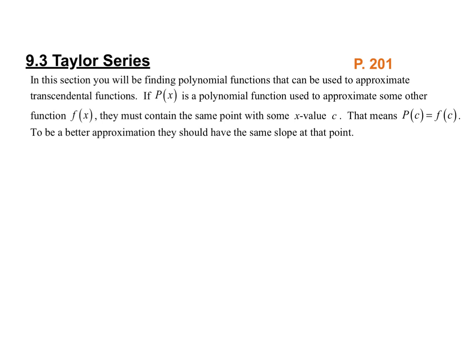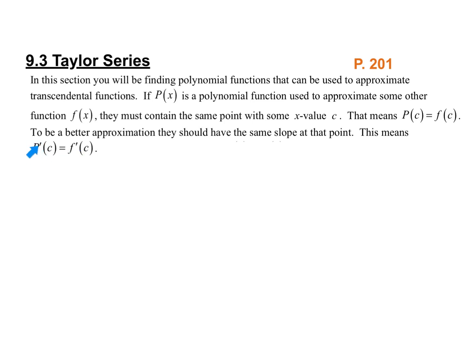Whatever our function is and whatever our polynomial is, we want them to have the same slope at any given point. If they have the same slope at all the points, then it's the same thing, and we've really improved our approximation. But we want to get it as close as we can without spending days and days doing this.